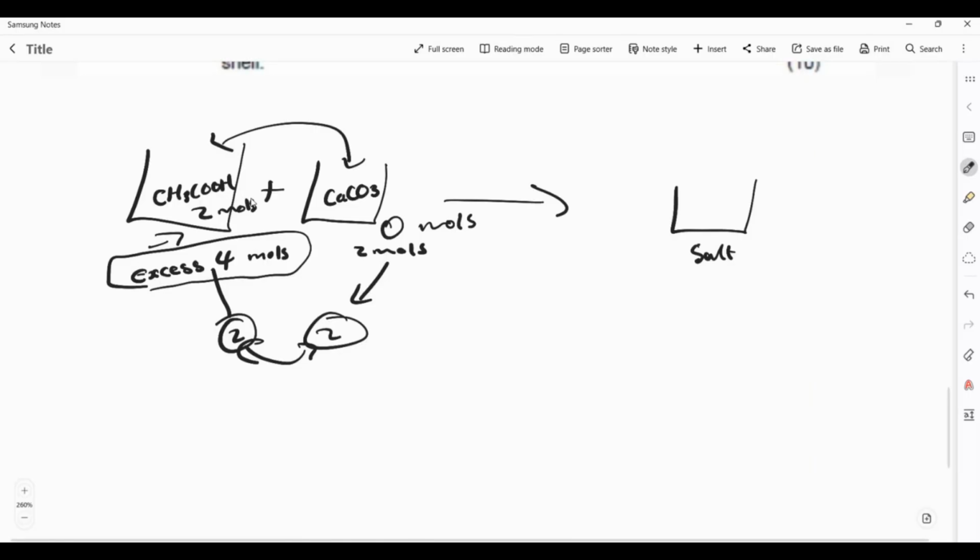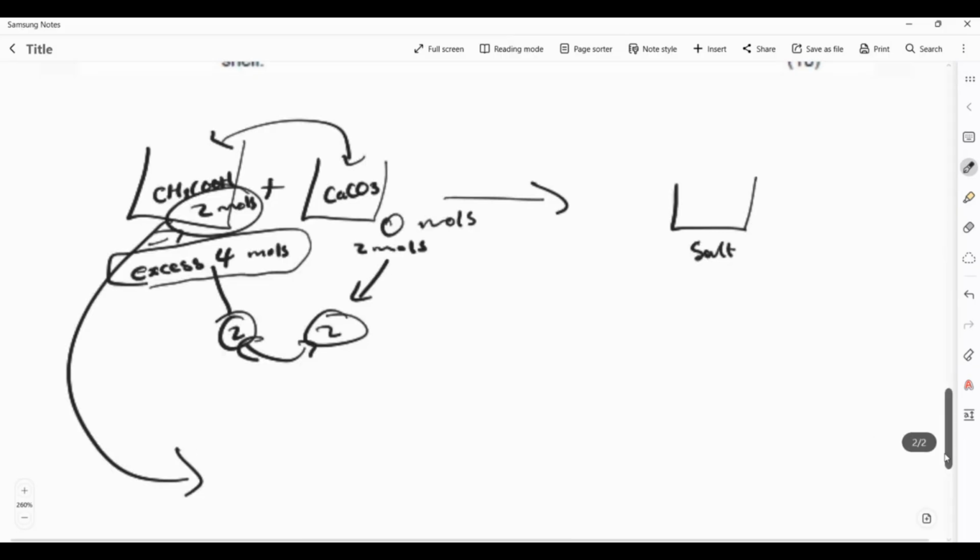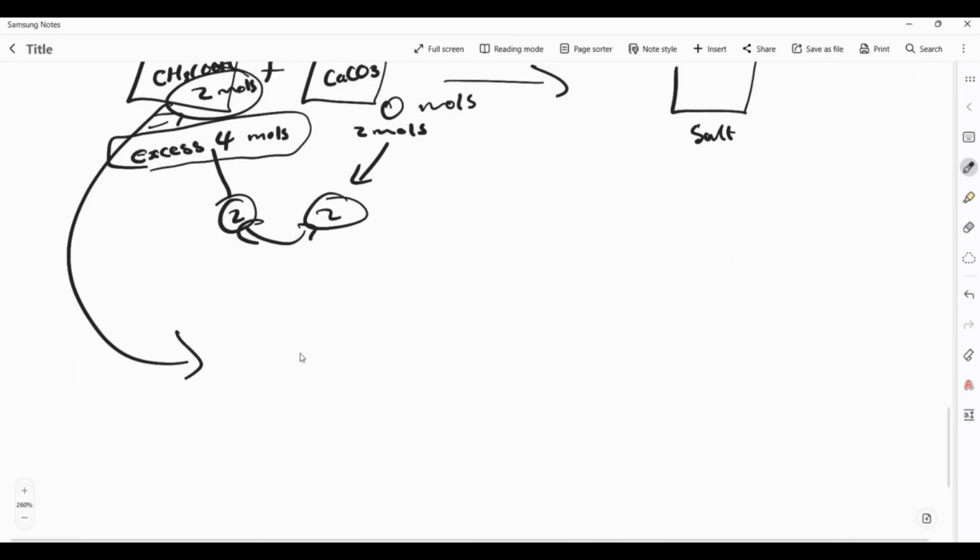They took those 2 moles, and they said, okay, we still have CH3COOH in our beaker, and now it is 2 moles that are left. We're taking those 2 moles.